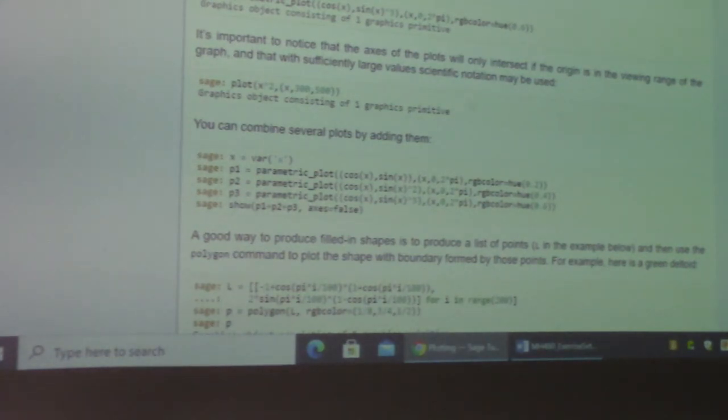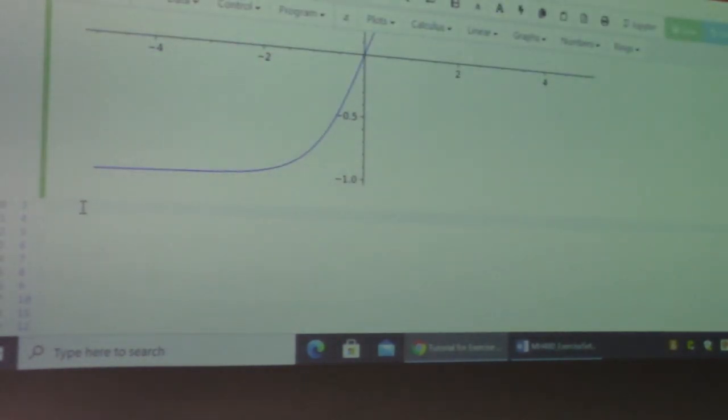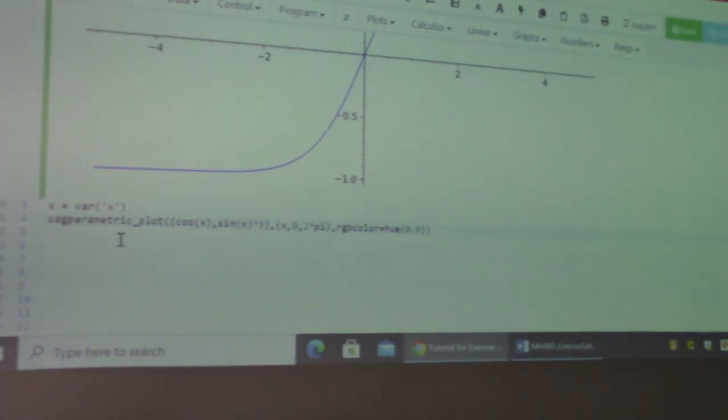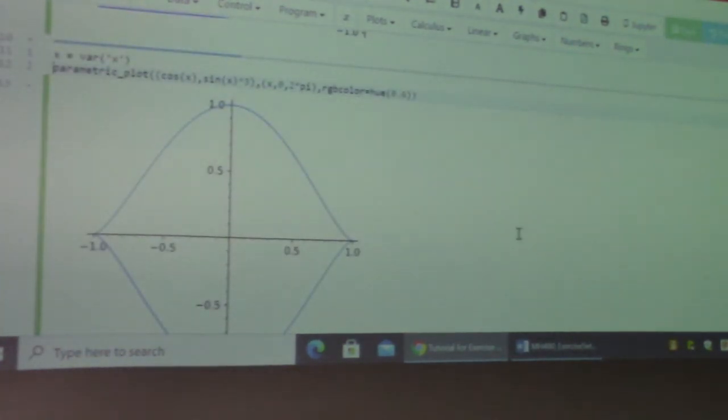So let's see here. You can make x a variable. What's this parametric plot thing here? Try this on here. You could have made the variable t if you wanted to.